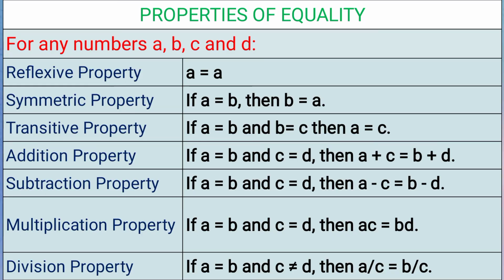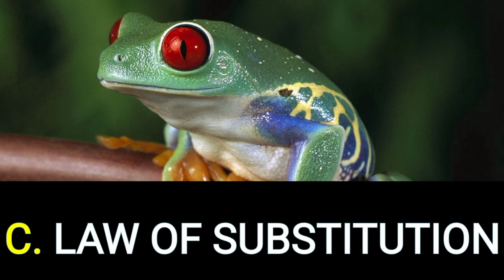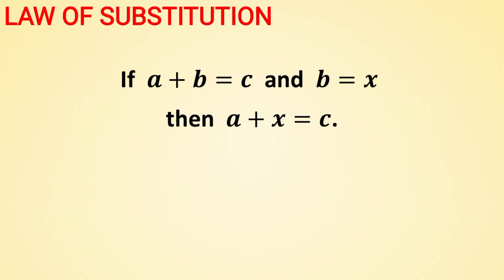So here are the following properties of equality: reflexive, symmetric, transitive, addition, subtraction, multiplication, division, substitution, and zero product. We also have the law of substitution. So the law of substitution: if A plus B is equal to C and B is equal to X, then A plus X is equal to C.